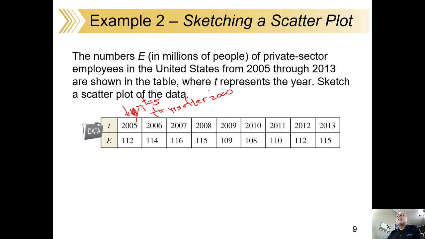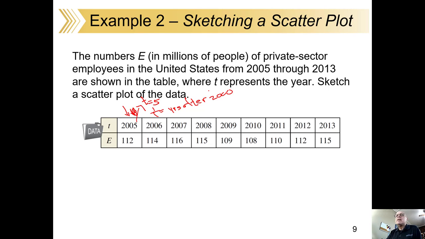That way, instead of having numbers like 2005, 2006, and so on up to 2013, we can instead have numbers like 1, 2, 3, 4, 5, or in this case, 5, 6, 7, 8, up to 13. We'll be able to see it much better on our graph, especially if you're using a graphing calculator.